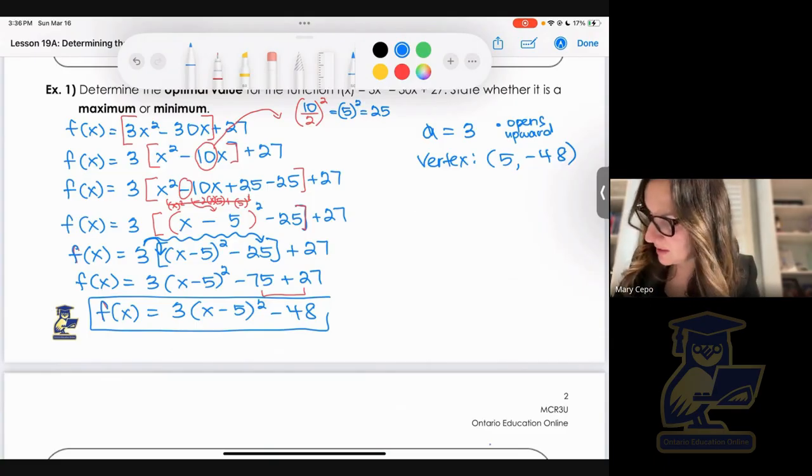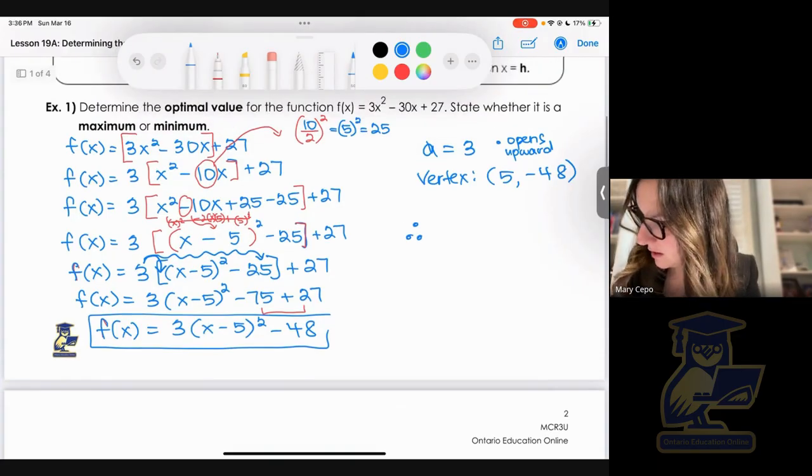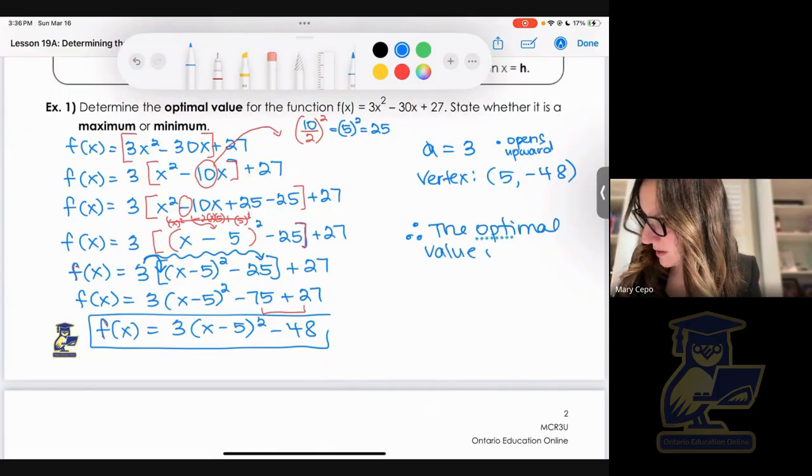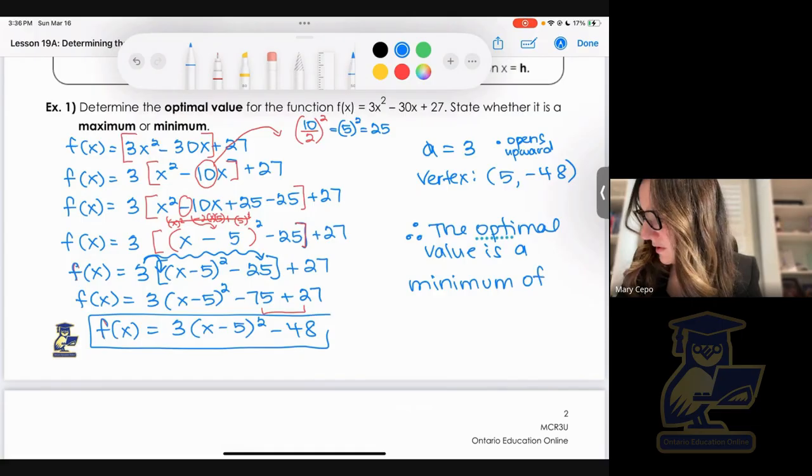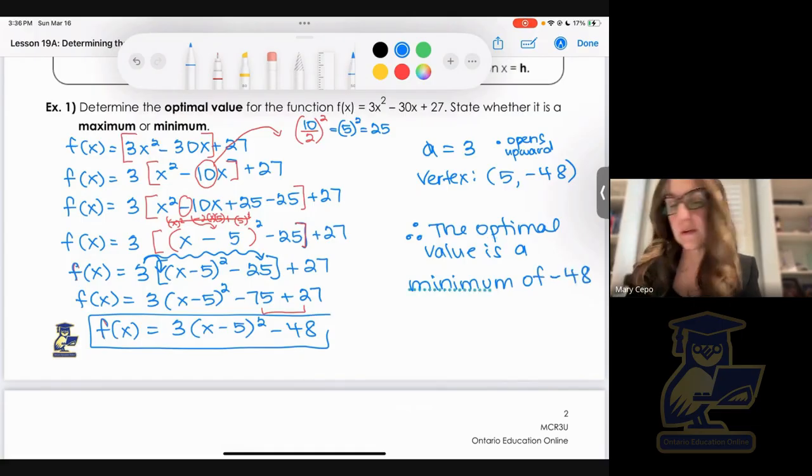So since it's opening upward, we have an optimum value that is a minimum of negative 48.